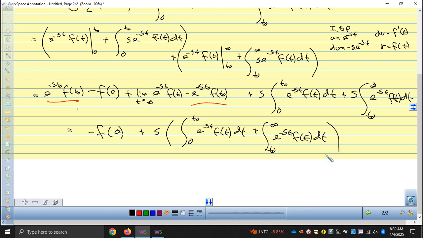Well, this quantity is the Laplace transform of f of t. We have one point of discontinuity at t0. So that term is the Laplace transform of f of t. So we get minus f of 0 plus s times the Laplace transform of f of t.